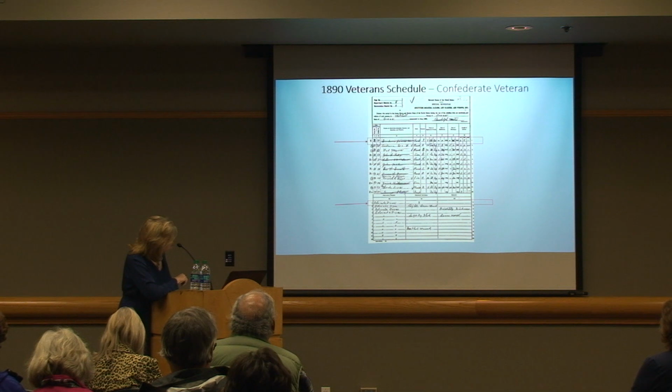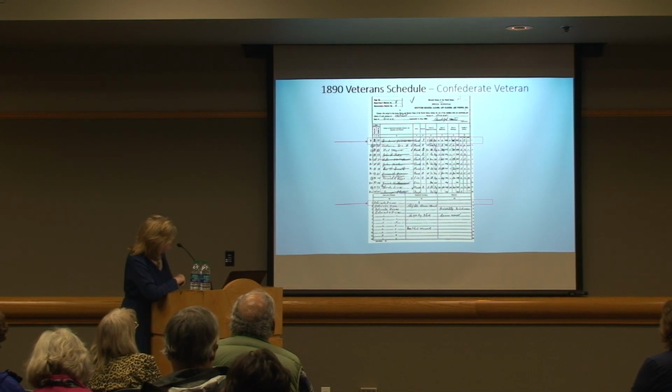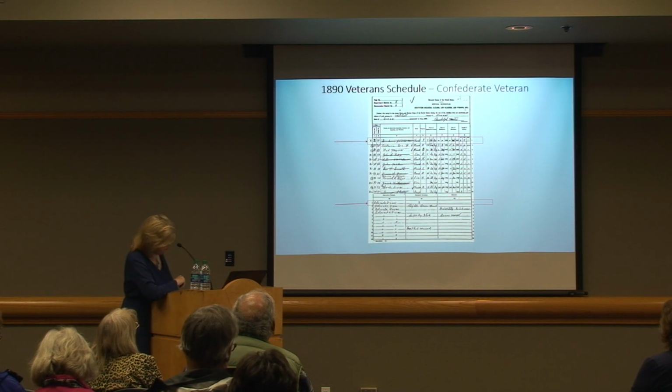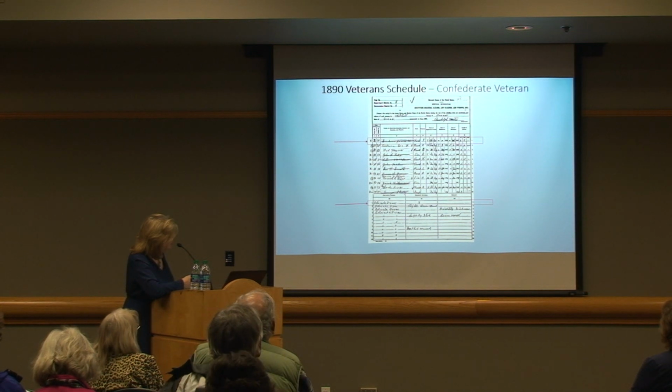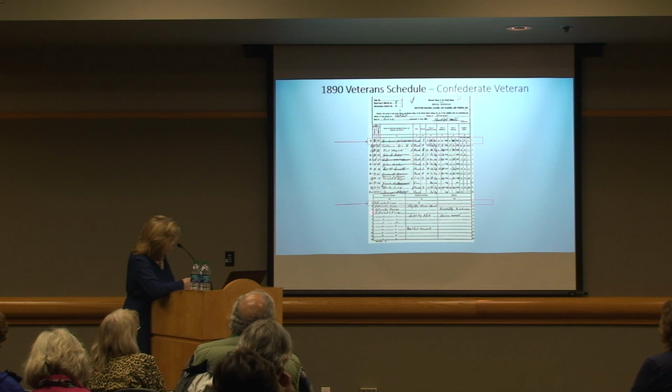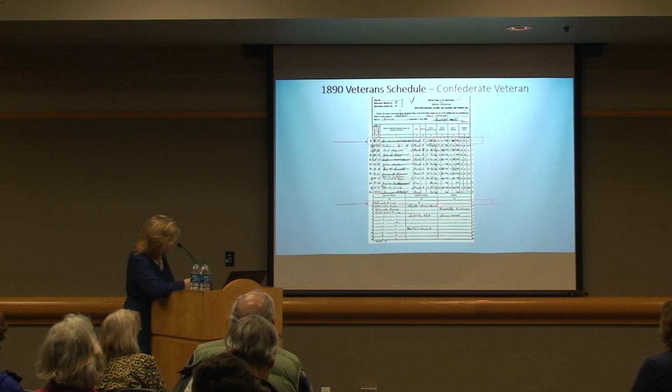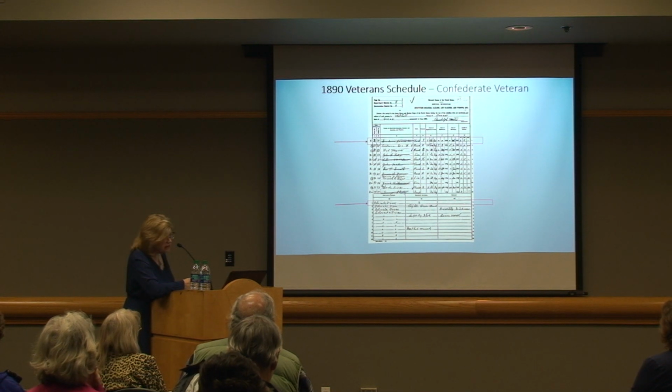Here we find James Goodwin. He was a private in an Alabama regiment. And he is living in Texas, in Mitchell County, Texas. And his closest post office box is Colorado, Texas. Luckily for him, he did not have any disabilities like Henderson had.